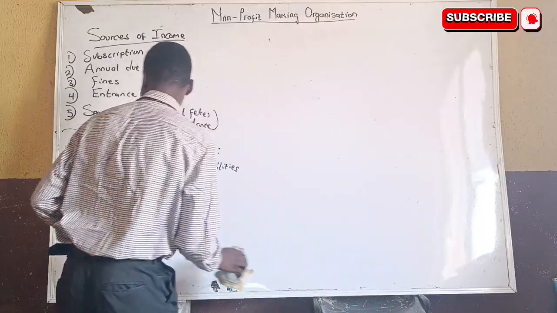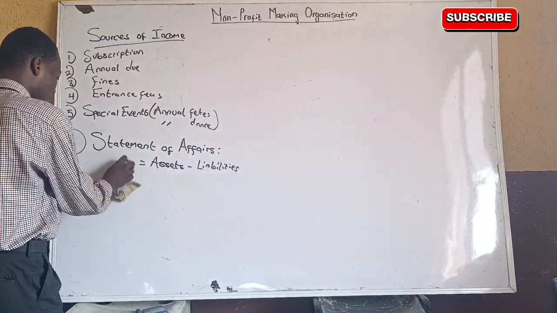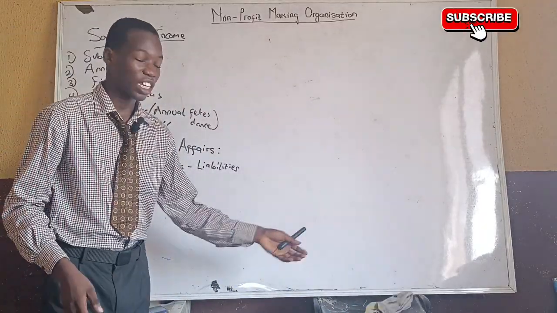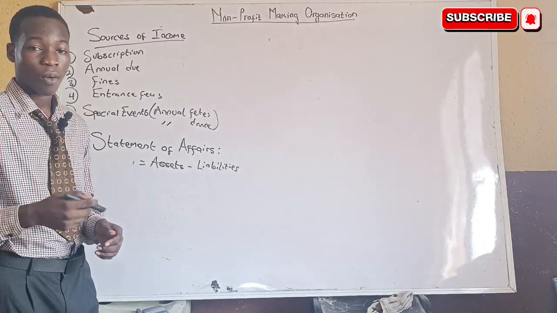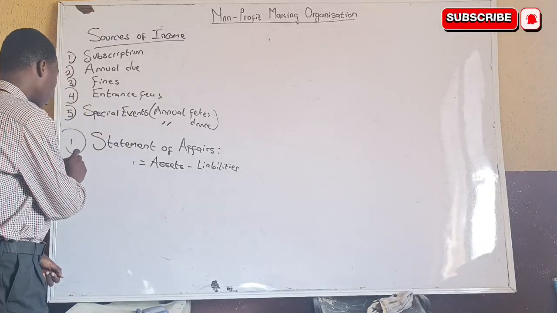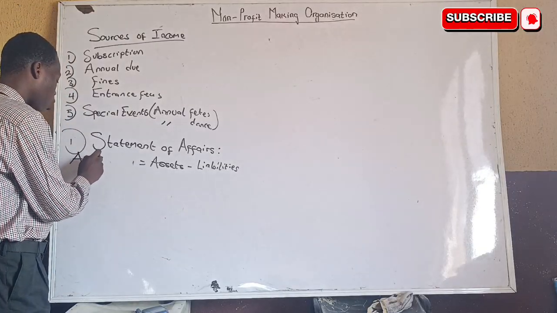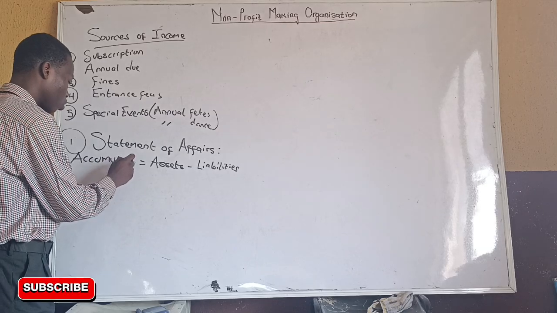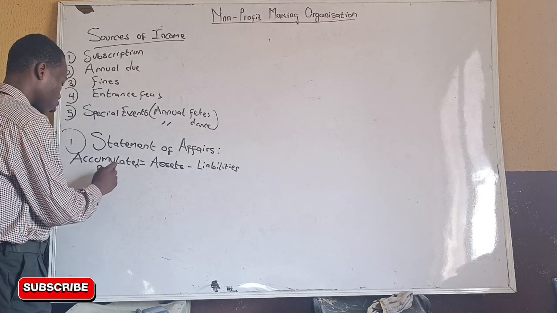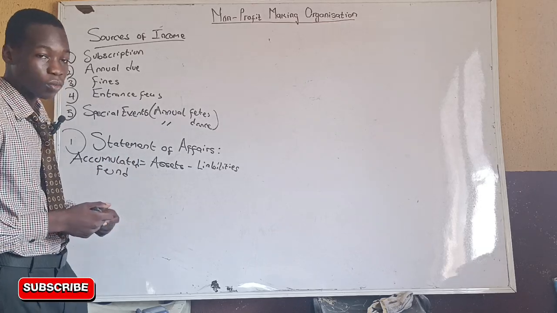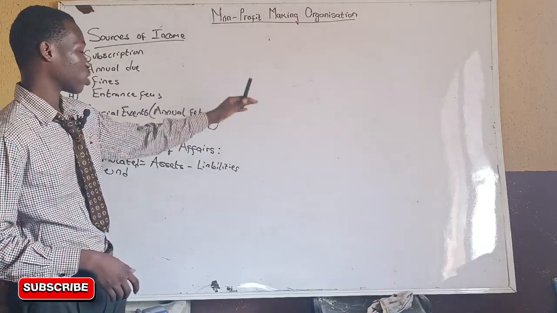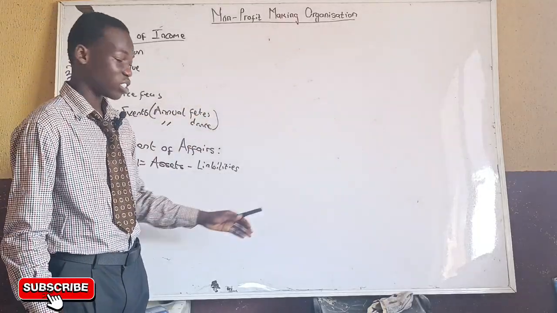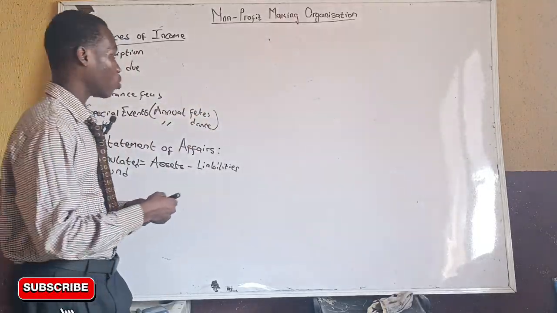Therefore, this capital, we are going to erase it. I just wrote the capital there so that I can recall back to our accounting equation. So in non-for-profit making organization, it is called accumulated fund. So you get your accumulated fund the same way: you write out your assets, you less your liabilities, then the result is the accumulated fund.